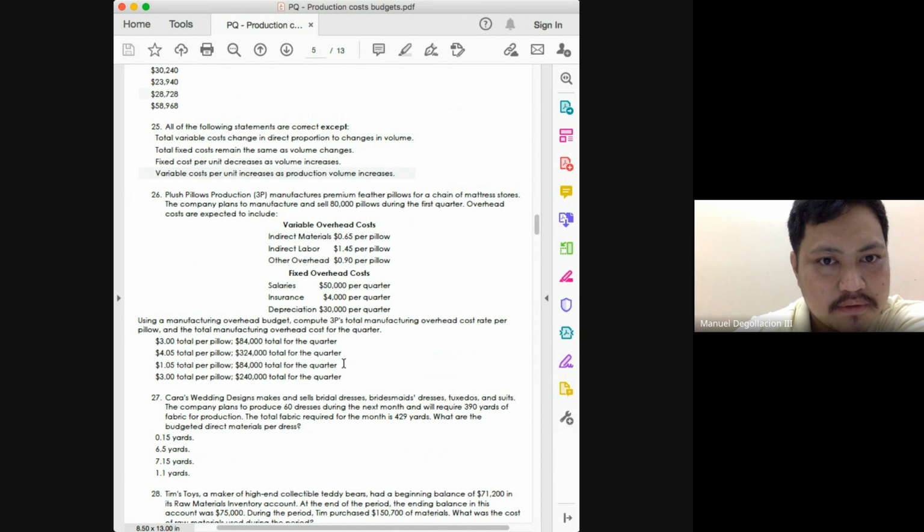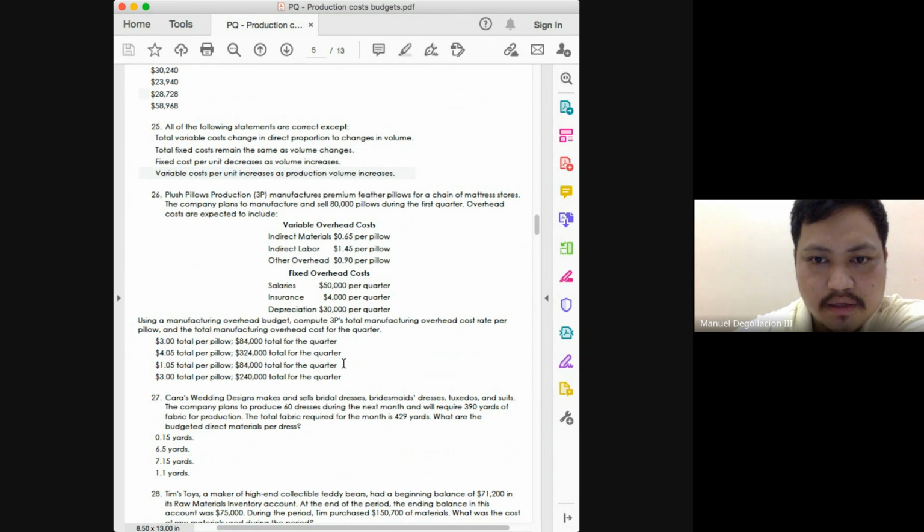80,000 pillows. Let's see. Salaries is 50, and then insurance is 4. Is this 80,000 for the quarter already? Yes. So 50 plus 4 plus 30 will give you 84,000. Divided by 80, this will give you a fixed cost per unit of 1.05.